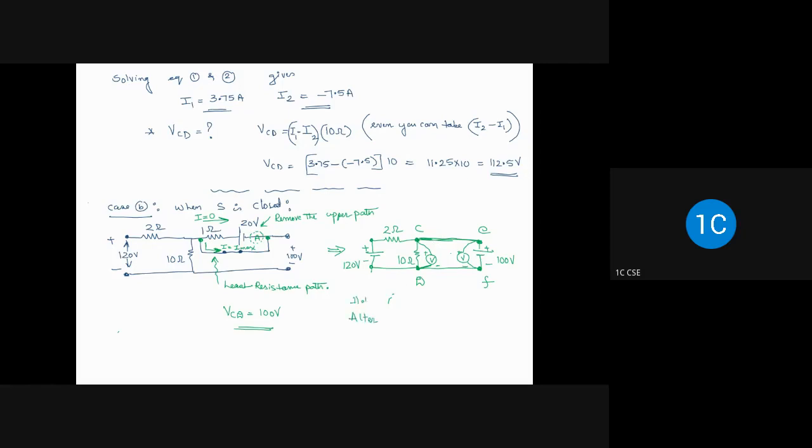Homework. Even if you apply mesh analysis, this 10 ohm resistor is always getting connected across the 100 volt battery. So whatever method you apply, the voltage across the 10 ohm resistor remains 100 volt. You can cross check with mesh analysis. Okay. Fine.